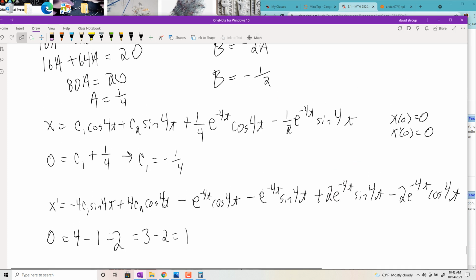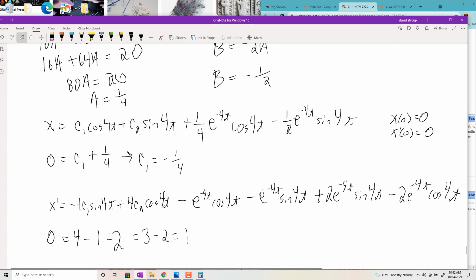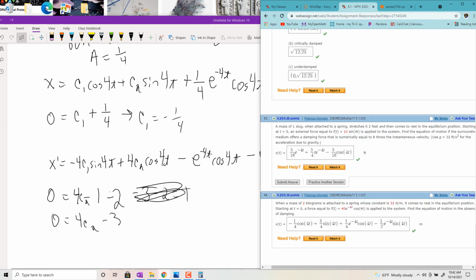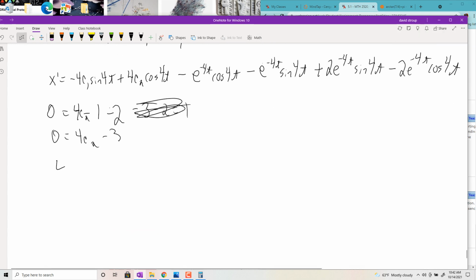So I must have lost something somewhere. Oh, sorry, it's 4c2. All right, so 0 is 4c2 minus 3. Yeah, that'll work. And then 4c2 is equal to 3, and then c2 is equal to 3/4.